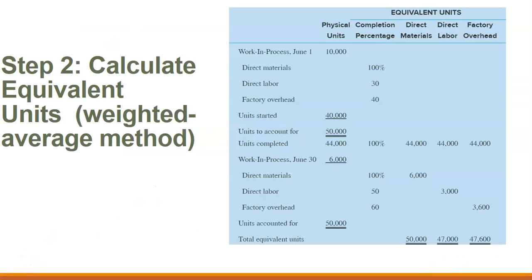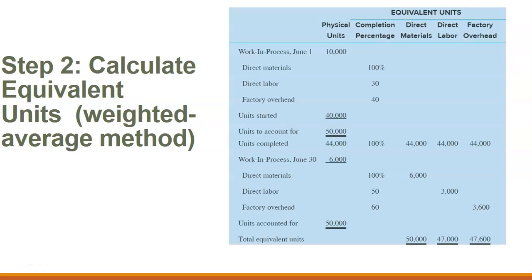Step two is to calculate the equivalent units using the weighted average method. So we had 10,000 units in process at the beginning of the month. Their completion was 100% for direct materials, 30% for direct labor, and 40% for factory overhead. The units we completed were 44,000. We did 100% of that work.